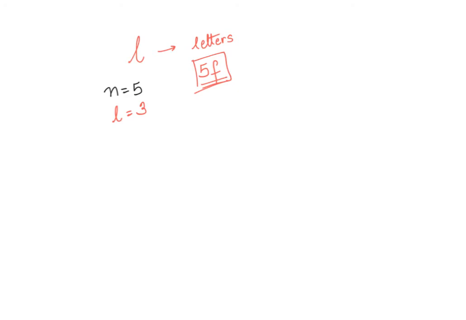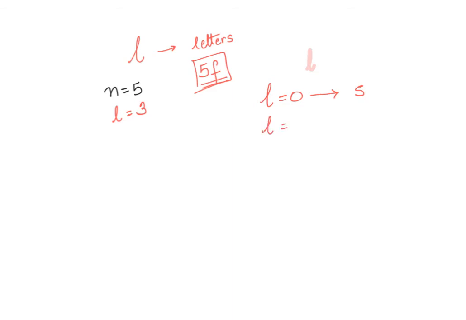The way this works is, if l is 0, the name of the subshell is s.